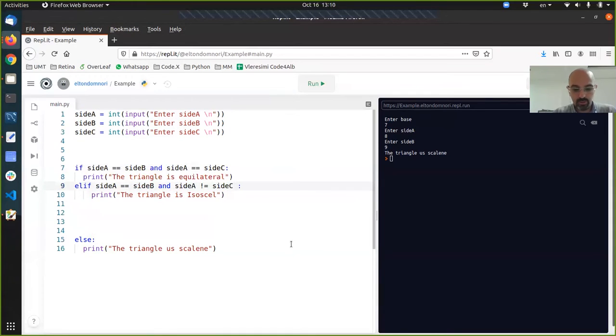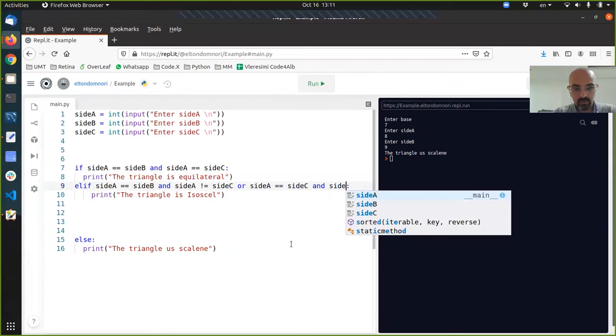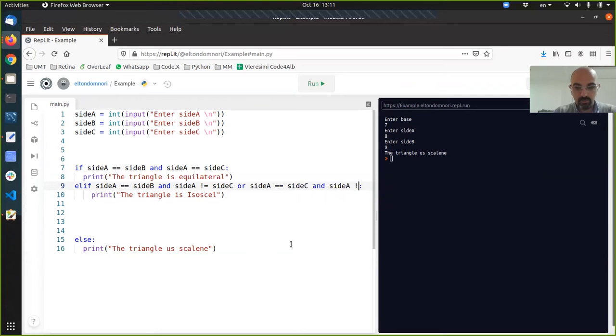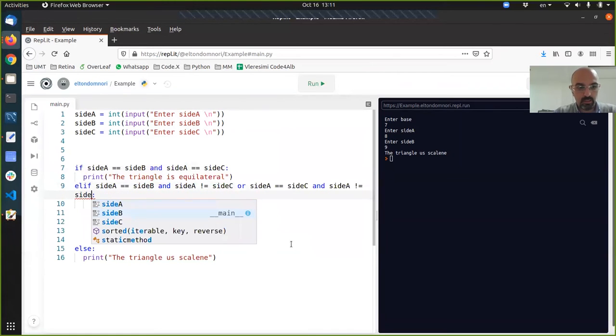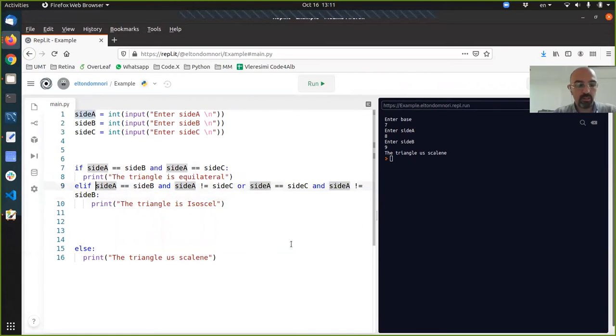So this is the first, but another is that side A is equal to side C, and side A is different from side B. So two of them should be equal to one another and different to the third. We have several conditions, and we have to pay attention to group the specific condition. So this is one condition that makes it true.